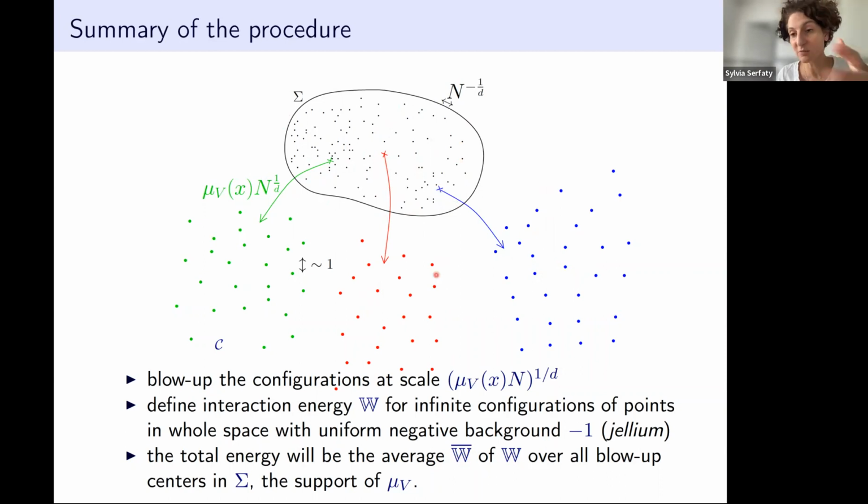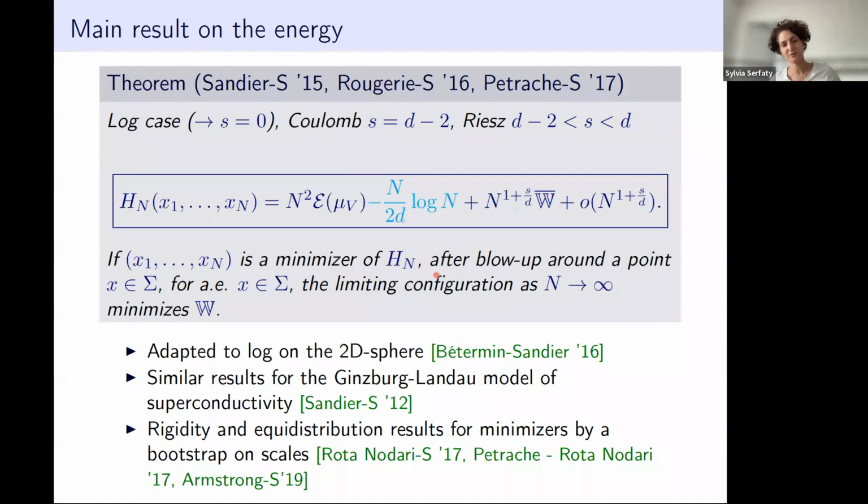So this is all a little bit informal, of course, but that's the idea. And so that's what we find for the next order energy. So this was done in a series of works with Etienne Sandier. First, we did the 2D log case, then with Nicolas Rougerie we did all the Coulomb cases, then with Mircea, we did all these Riesz cases.